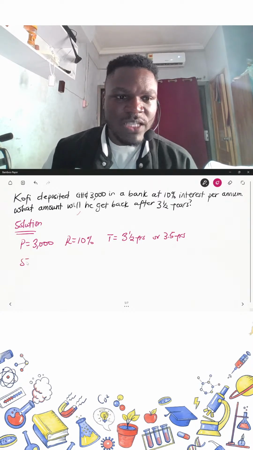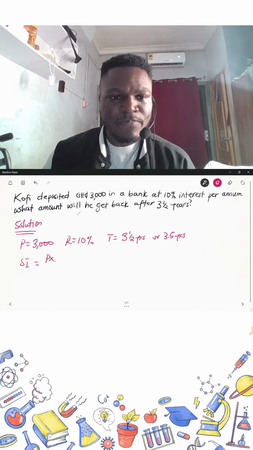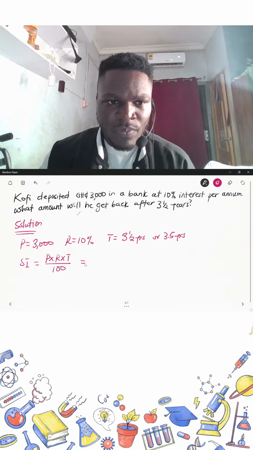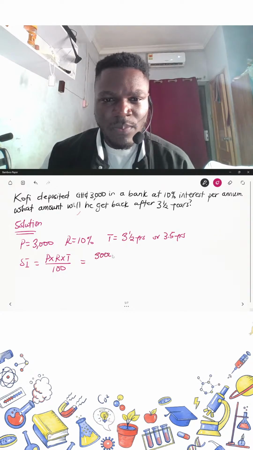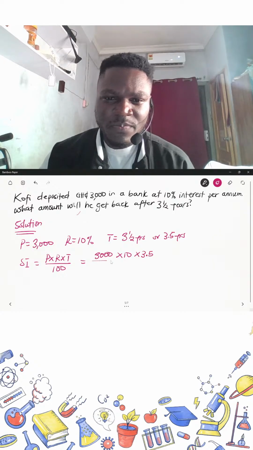To calculate the interest, it will be the principal multiplied by the rate, multiplied by the time, divided by 100, as we all know. Over here, the principal is 3,000 multiplied by the rate, which is 10, multiplied by the time, which is 3.5, all divided by 100.